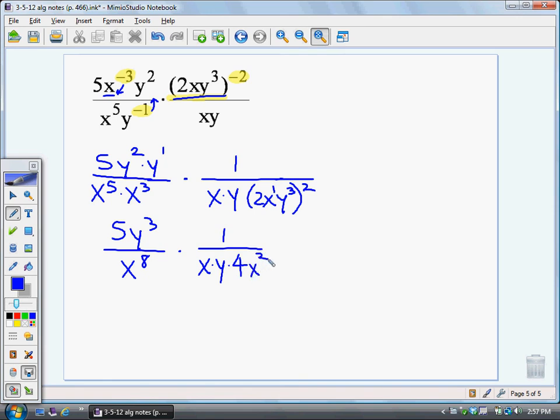And x to the 3rd squared, y to the 3rd squared would be y to the 6th. And so if I simplify that on the right, I'm putting in extra steps here that I maybe wouldn't put in. 1 over with the 4 here, and I have x to the 3rd, y to the 7th.